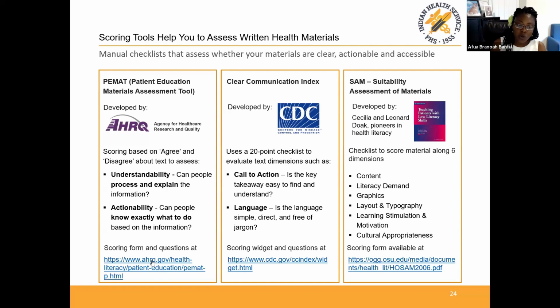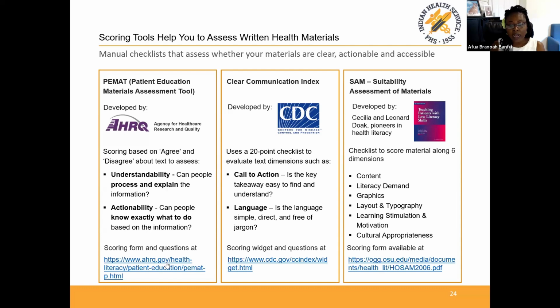You click on this, you go to the form. It says, do you agree that people can process the information, yes or no? Then you put the score, and at the end you sum up. If your total score is, I think it's generally 70 or above, then it says that yes, this is actionable and understandable. Otherwise, you need to go back and fix it.